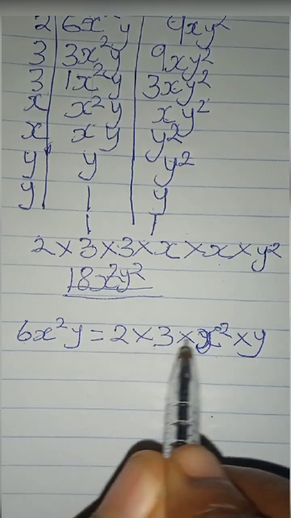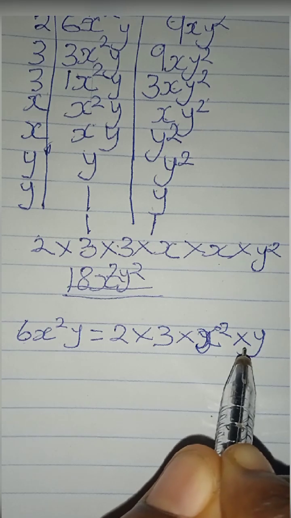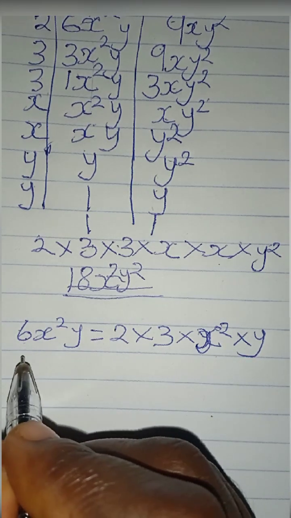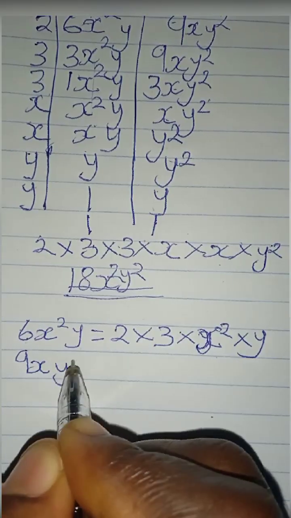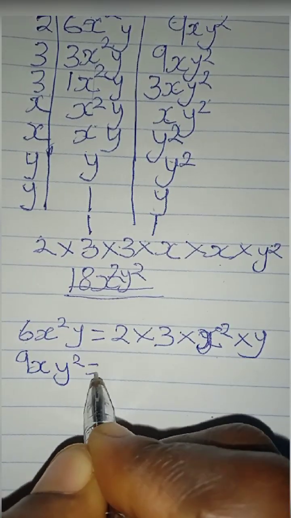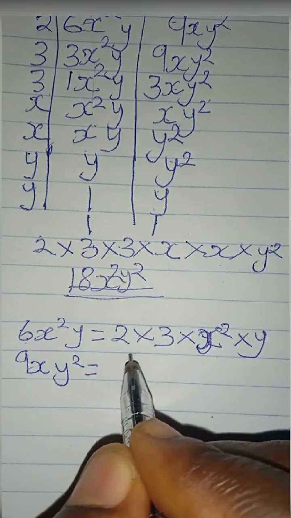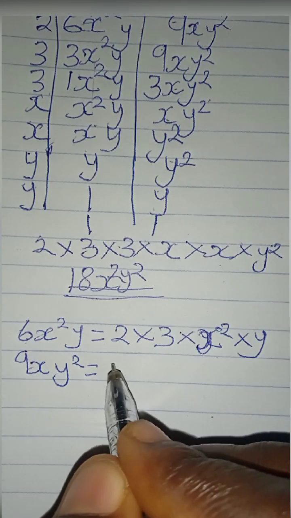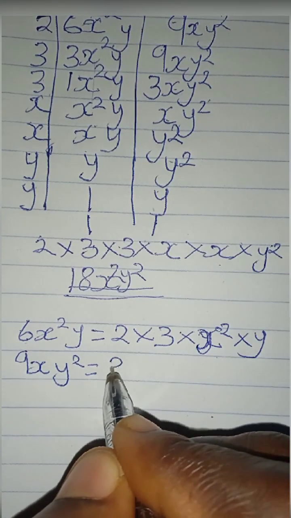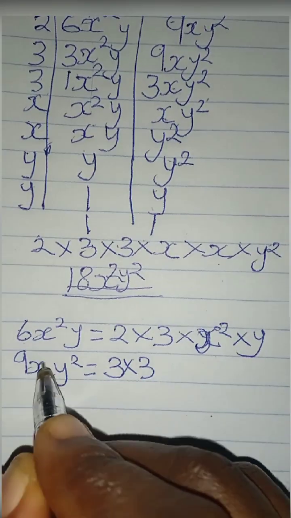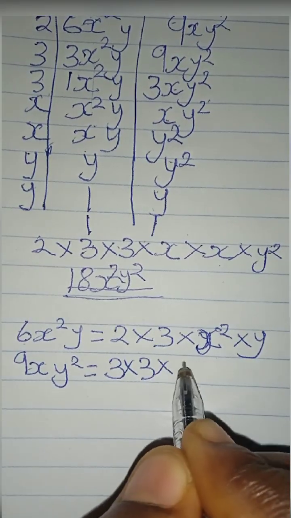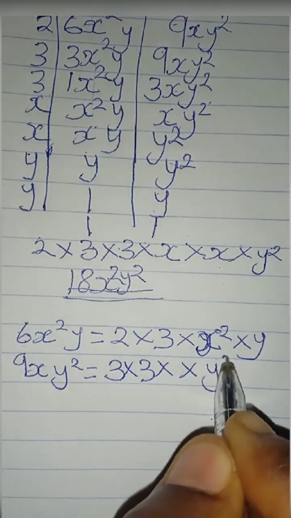These are what you multiply to give you 6x squared y. And now 9xy squared. You get it by 3 times 3 will give you 9, so 3 times 3 times x times y squared.